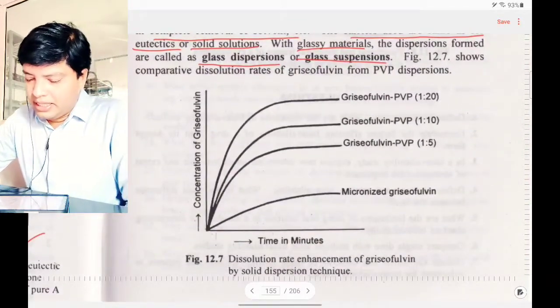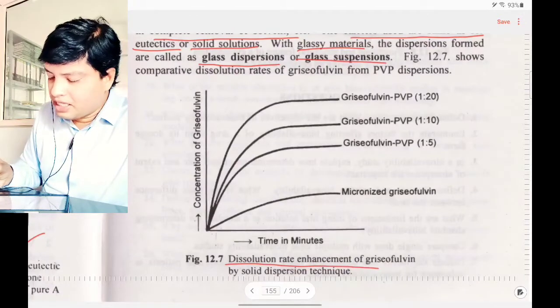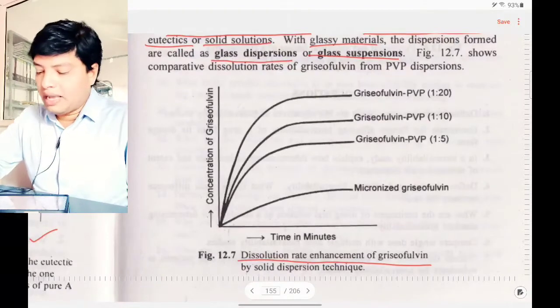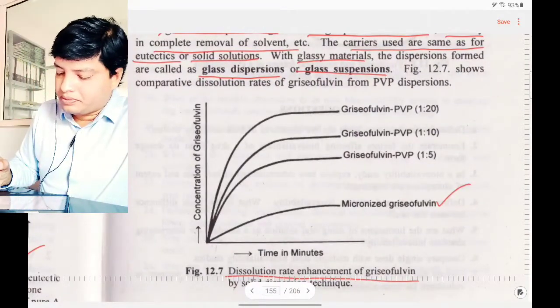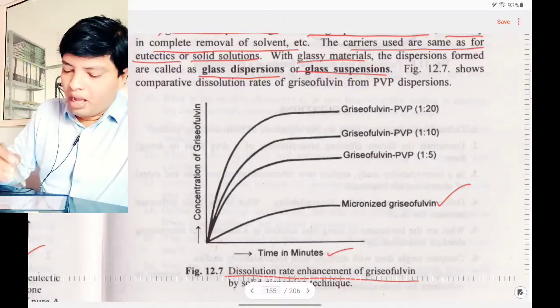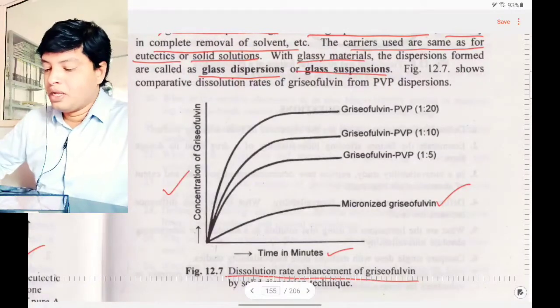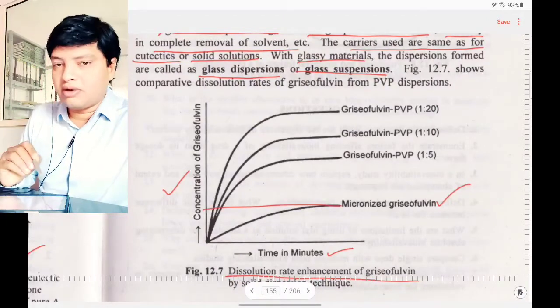Yeah, you can see here the dissolution graph. What we can see is dissolution rate enhancement of griseofulvin by solid dispersion method. On the x axis we have time and on the y axis we have the concentration of griseofulvin in the dissolution medium. If you micronize, only this much concentration is achieved.